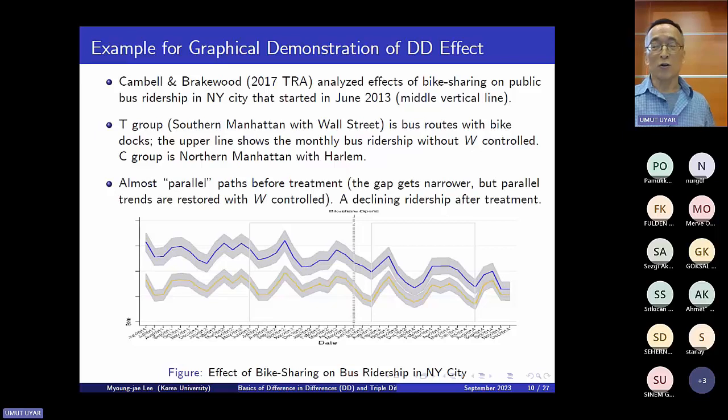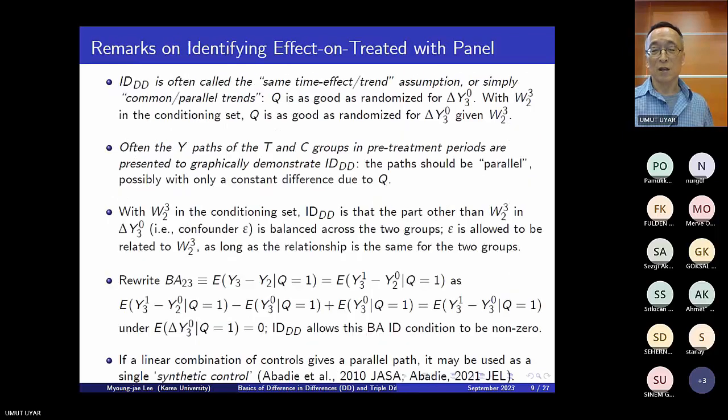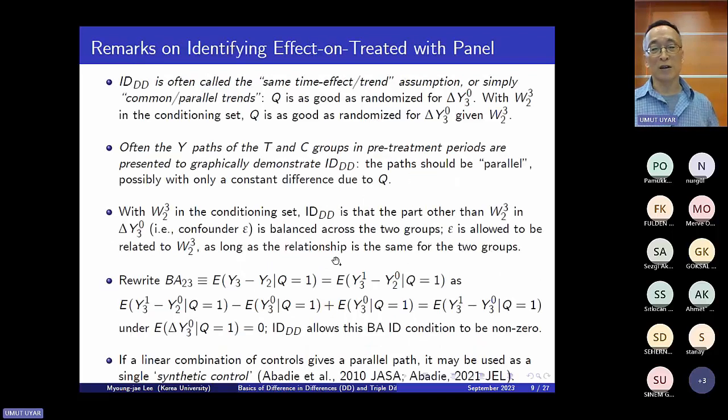Then what you can do is, instead of usually taking the simple average of the control group, do a weighted average, then parallel trend may hold for that particular weighted average. So as written here, if some linear combination of controls gives a parallel path, then they may be used as a single synthetic control.